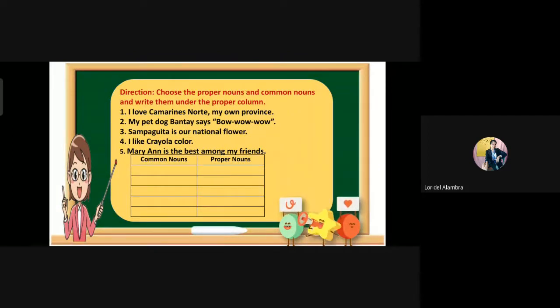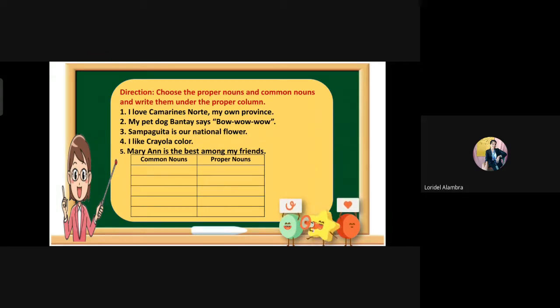Color, ma'am. Very good. The proper noun is Crayola. Very good. Next is Mary Ann is the best among my friends. What is the common noun in that sentence? Friend. Very good. And the proper noun is Mary Ann.